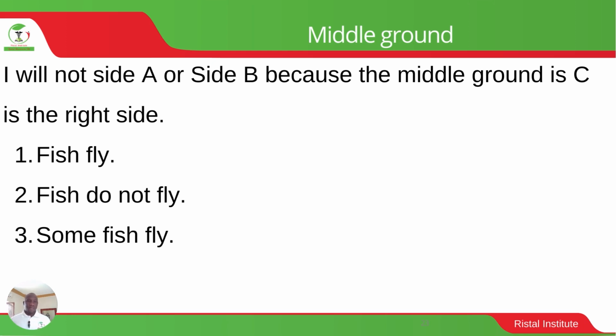You're either on side A or side B. The person taking the middle ground will say, since there are people on sides A and B, for me I'll be in the middle because the middle is the right one, simply because it is in the middle. There's nothing like that. For example, someone says that fish can fly, and someone else says, no, fish don't fly. And then you, because you want to be in the middle, say some fish can fly. No, that's not good enough.